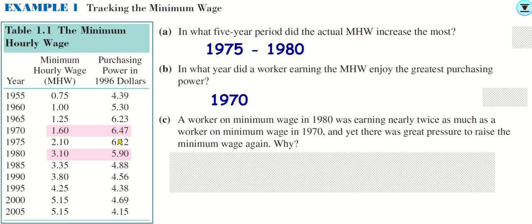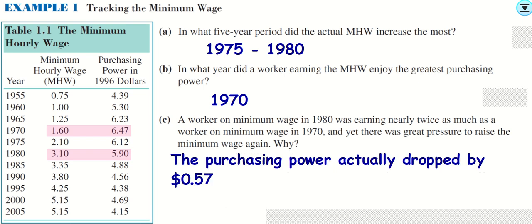Why do you think that was? It was a big increase, like twice, but look at the purchasing power. The purchasing power actually dropped by 57 cents. Why? Inflation and whatever.